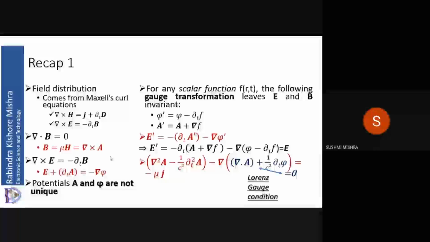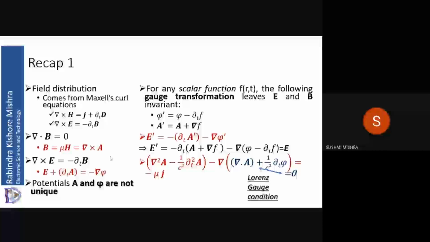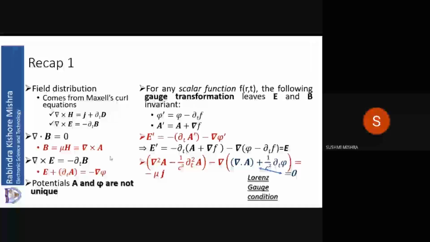Then we call them phi dash and A dash. Now when we used phi dash and A dash, we expected to obtain a field which is E dash, but we saw that E dash is equal to E. So we established that under gauge transformation, E and B are invariant.